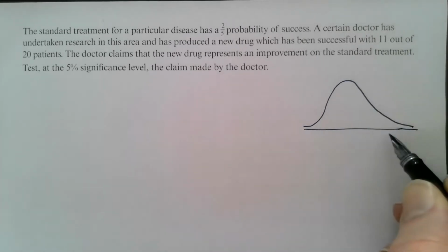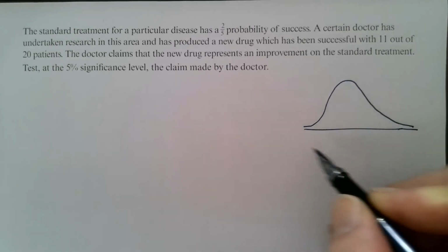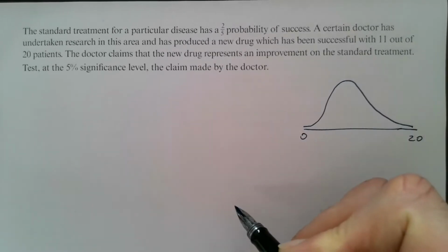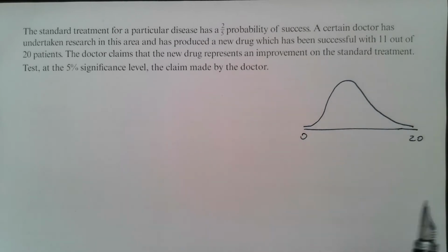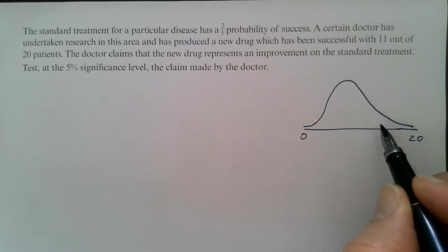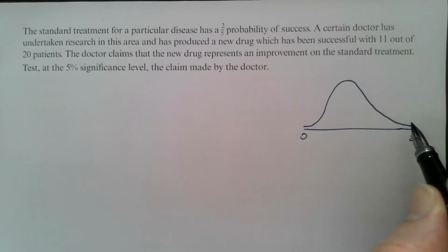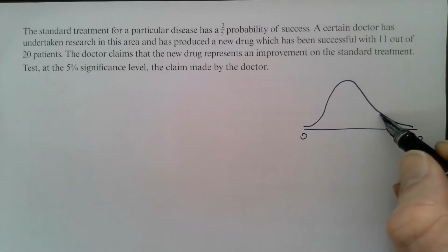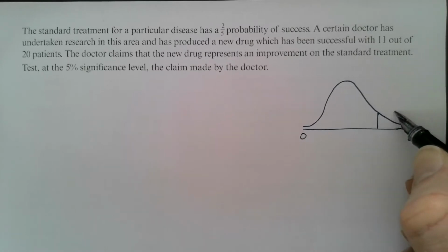And this doctor is claiming that things have got better. So we are therefore looking at this end where more people are going to be getting better. So we're wanting the region up here that is going to be 5% or less, so 0.05.